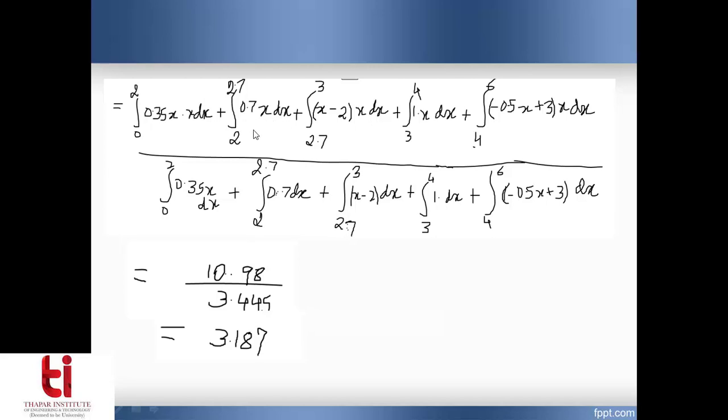Then for 2 to 2.7 it is 0.7 x dx. I am simply putting the values in the formula according to the interval. After computing, I get 10.98 for the numerator and 3.449 for the denominator, which gives a value of 3.187.